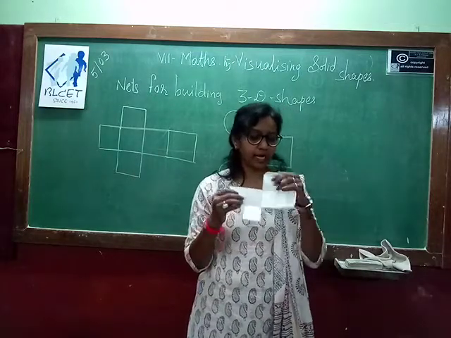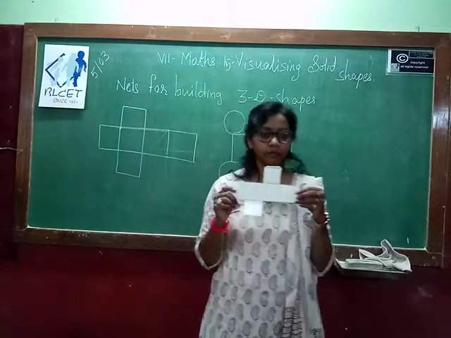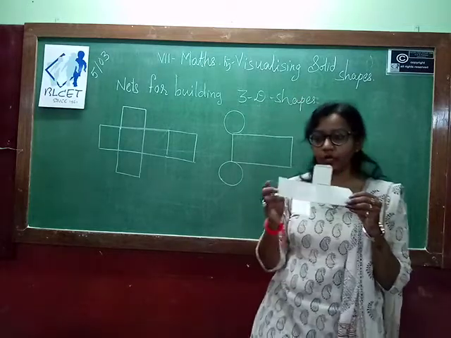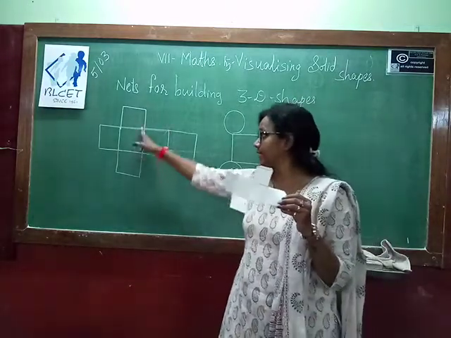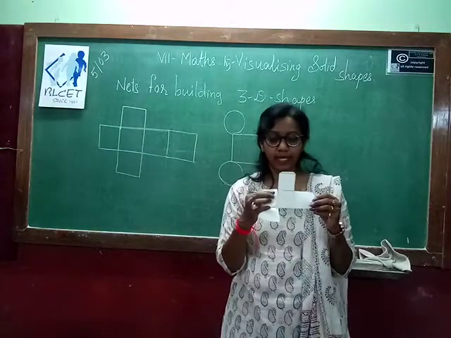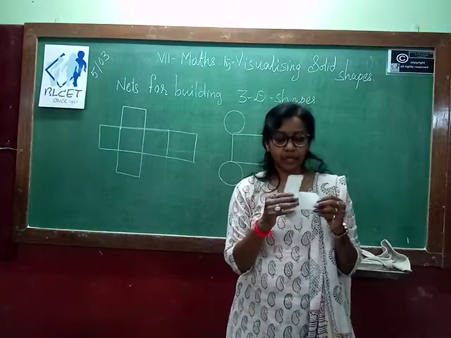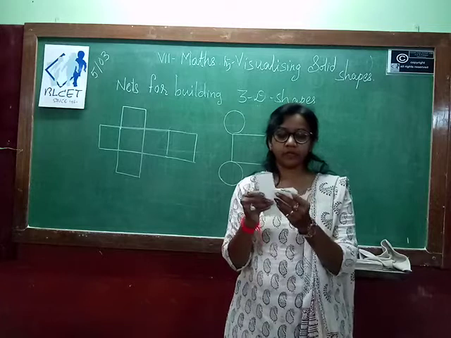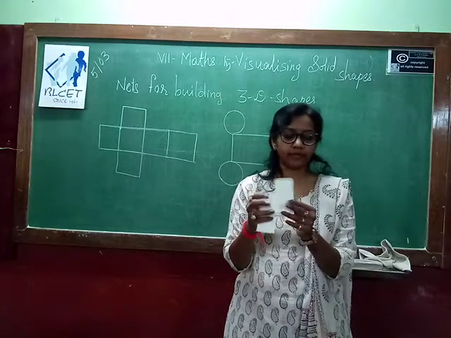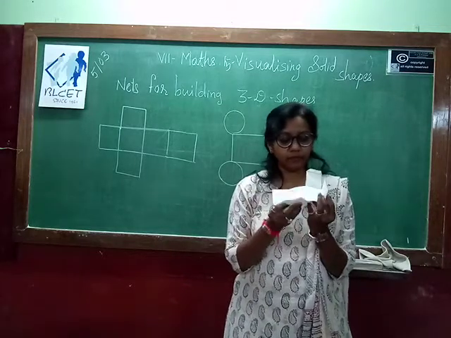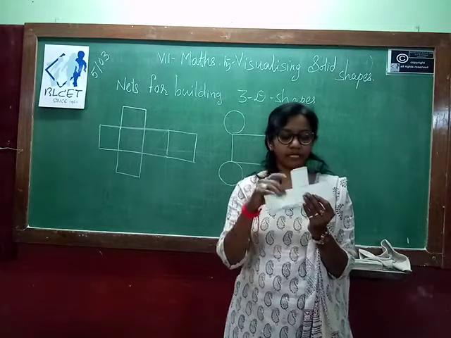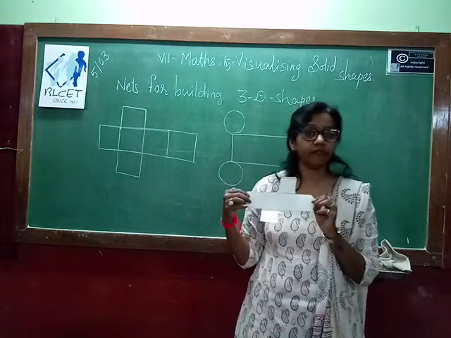So this way you can draw the net on a paper. And you have to fold the shapes. Where the edges are, you have to fold the shapes from there, so you will get sharp edges. Okay, fold like this. First, without fixing, you have to fold like this. So this is the net of a cube.